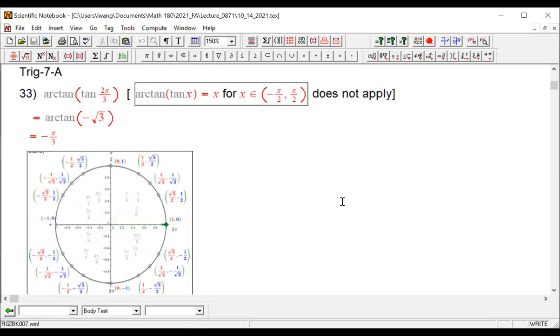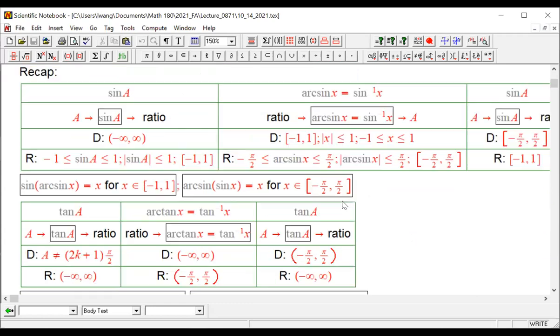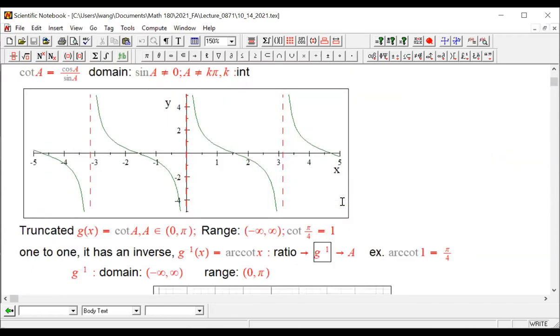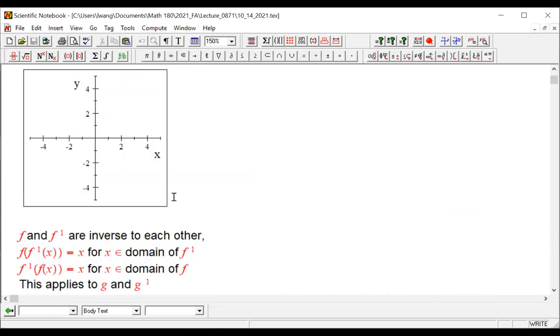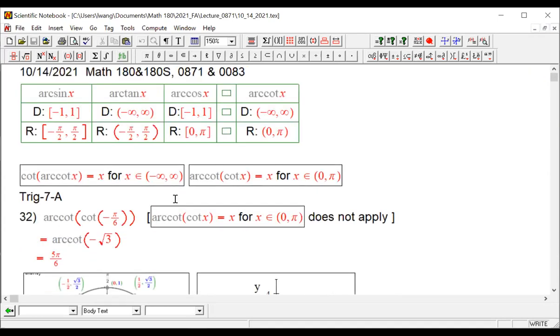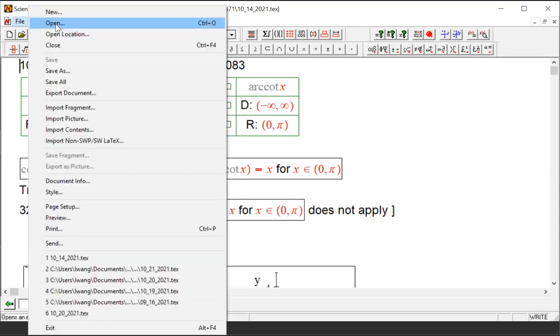Can we try graphing 2 pi over 3, 3 pi over 4, and 5 pi over 6 for cotangent? And for arc cotangent, can we try plotting the points for negative radical 3 over 3, negative 1, and negative root 3?